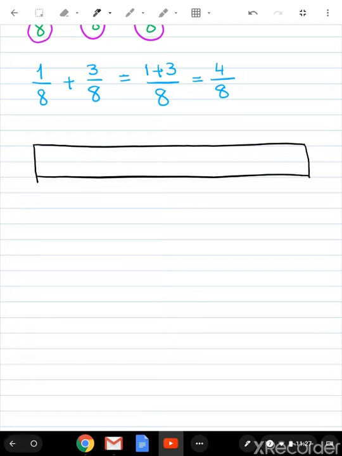This time I will cut it into 6 equal parts. Then each part will be 1 out of 6.